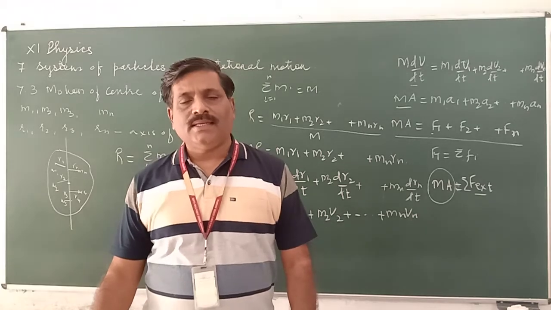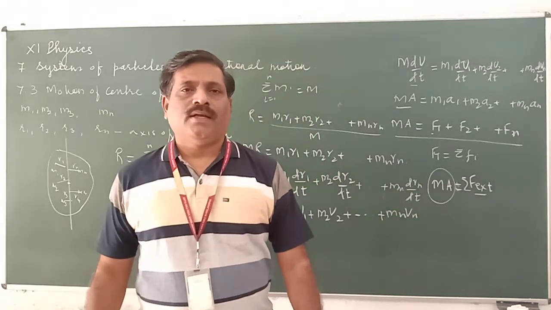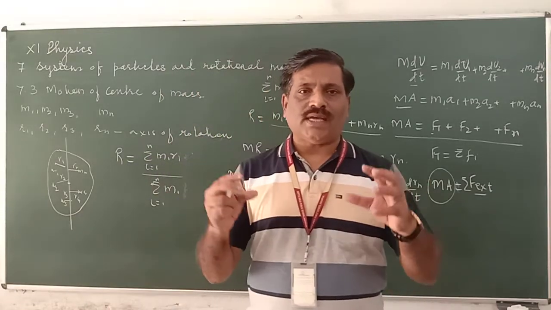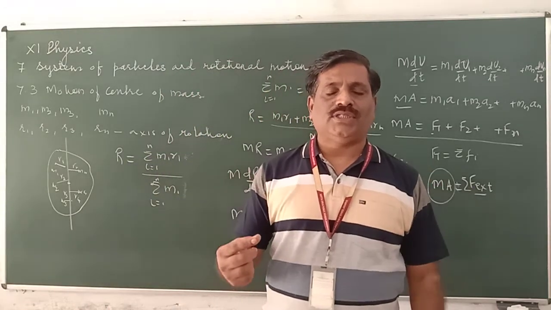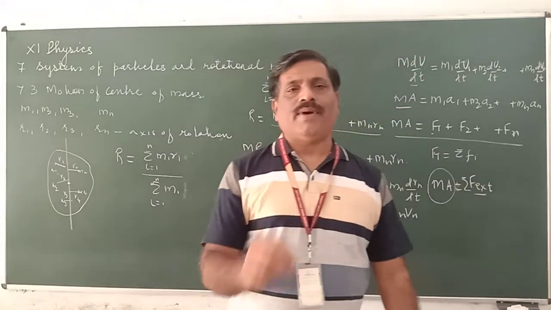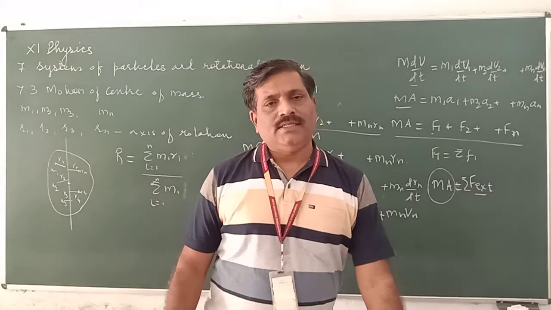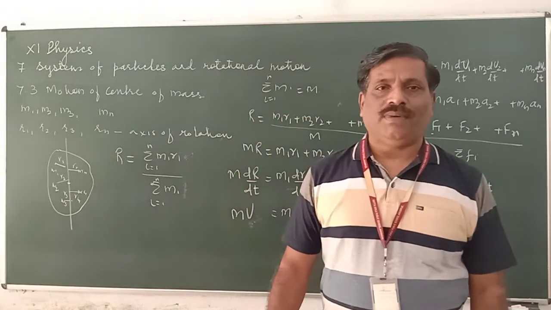It means that the body became one point, and even though forces are acting on different particles, we consider them as if they are acting at one point. That point is the center of mass, and this gives us a definition of center of mass.